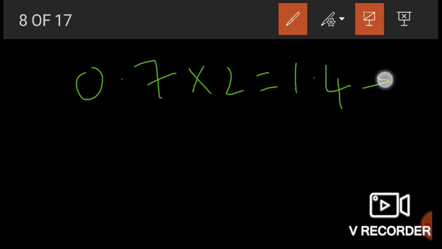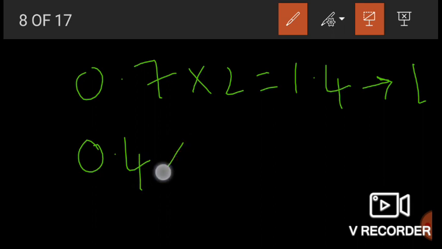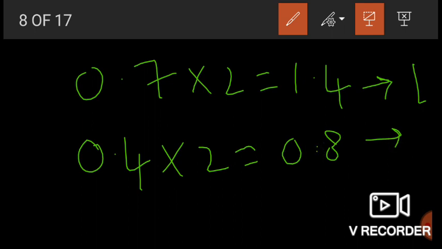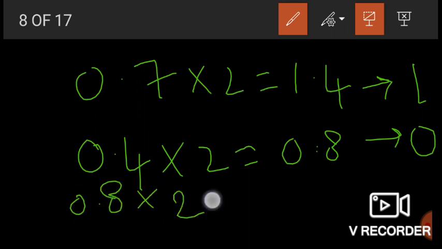From this I have to take the integer part. 1 is the integer part here, and now I take the fraction part and again multiply it by 2. The result will be 0.8. From this I get the integer part, which is 0 here, and again I take the fractional part and multiply it by 2. The result will be 1.6, and I take the integer part from here.